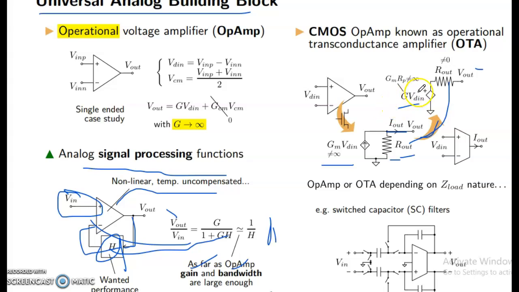GM RP is not equal to infinity, GM VDM, with VDN plus minus and I out. Okay.